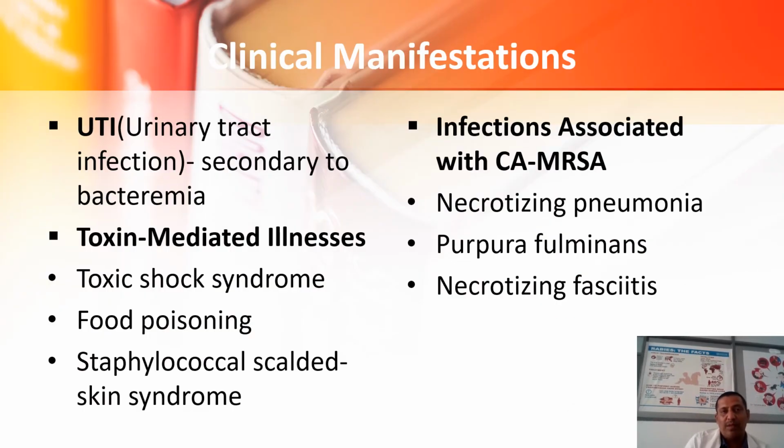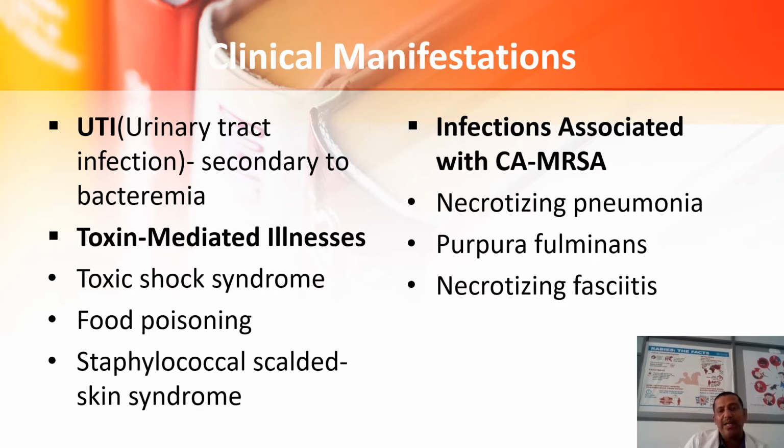Now, it is one of the important causes of both ascending and descending urinary tract infection. Ascending urinary tract infection starts from the urethra and ascends upwards. So it can cause urethritis, it can cause cystitis, but descending is through the blood route, enters into the kidney and from there into the ureter where it causes infection.